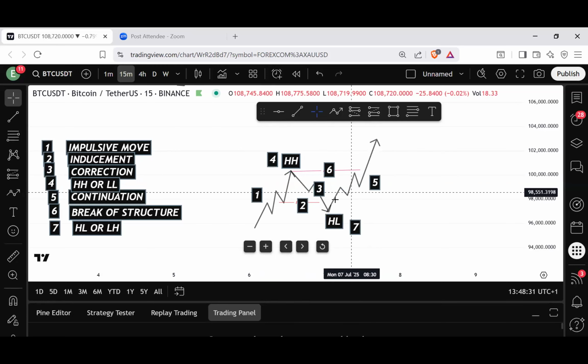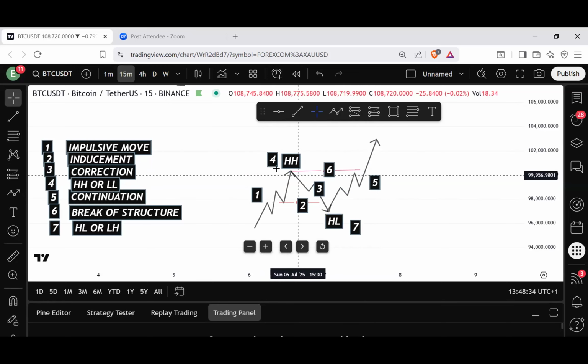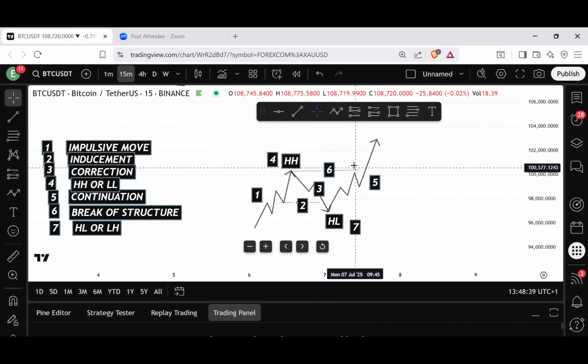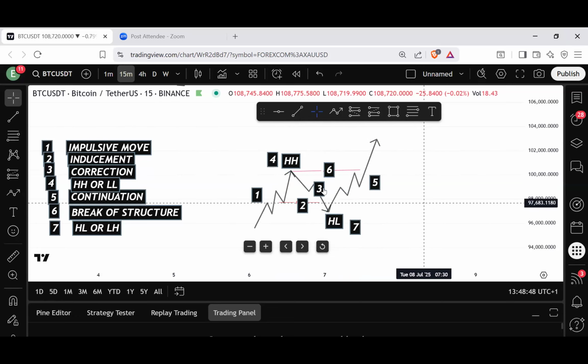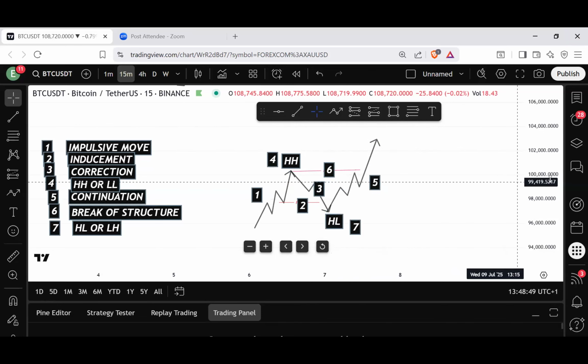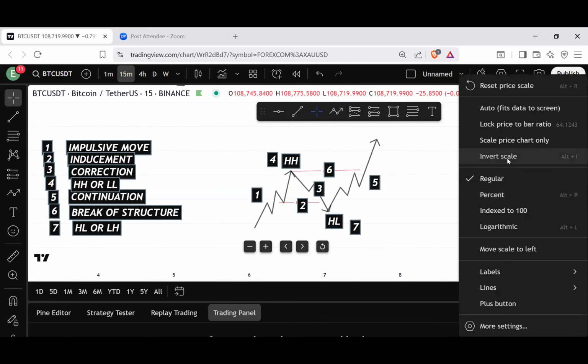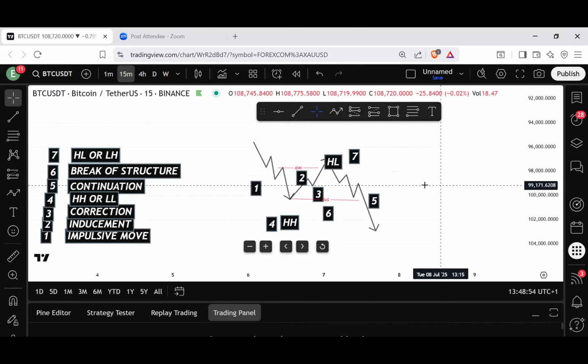Then once we see the continuation, we will see the break of structure. Then once we see number six, then we can now label this exactly.